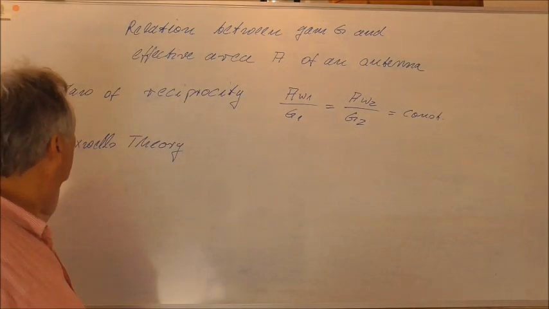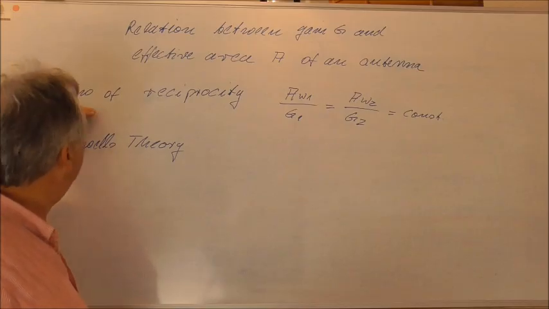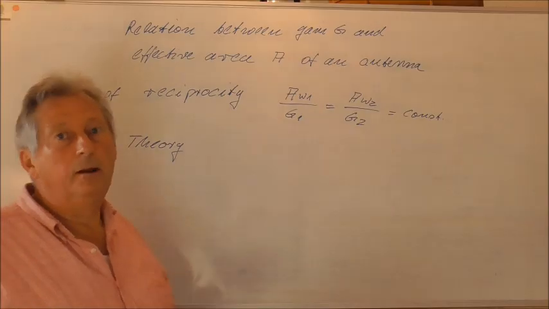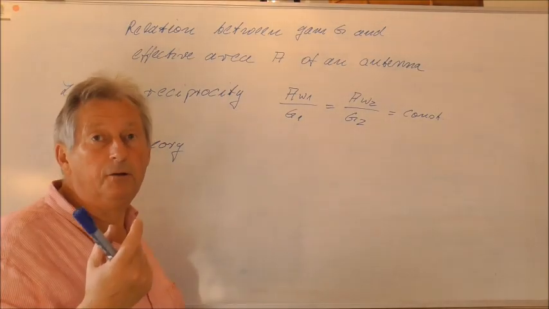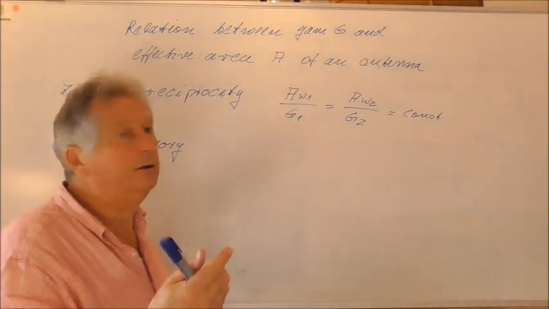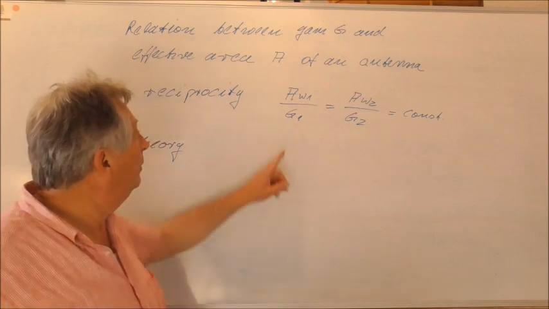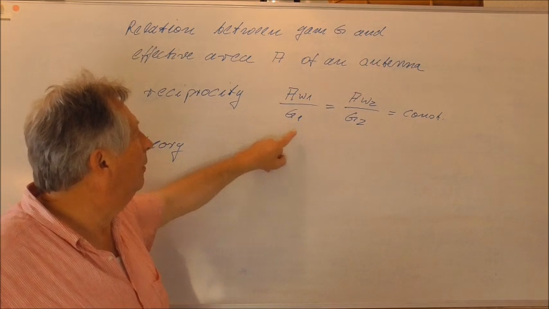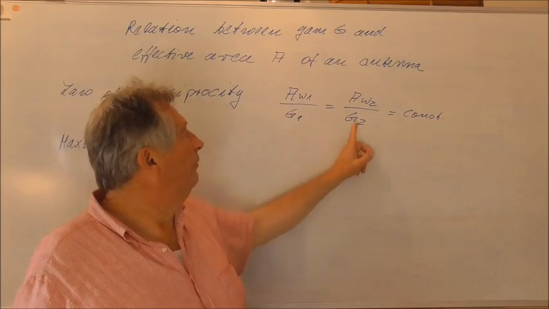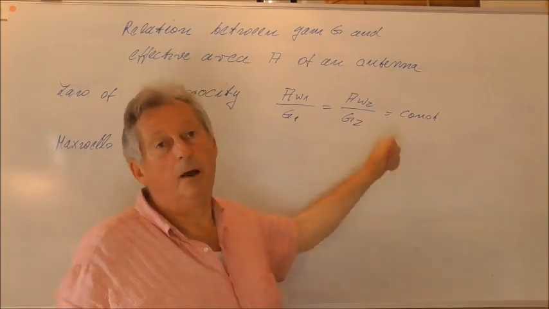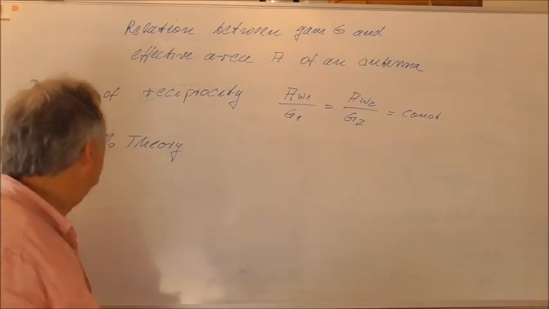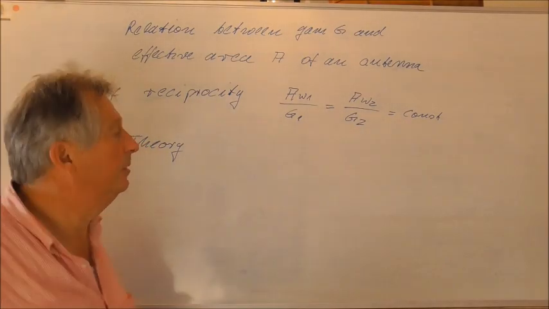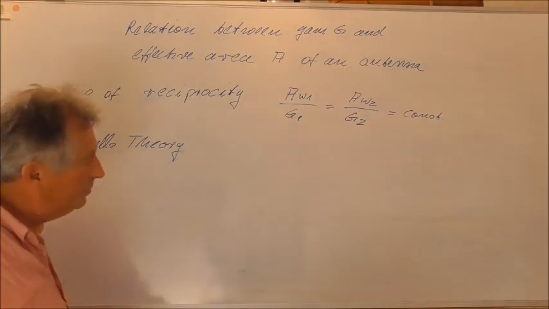On one side, according to the law of reciprocity, if I take the transmitting antenna as receiving antenna and vice versa, we will see that AV1 divided by G1 must be equal to AV2 divided by G2, and this is a constant. Now I must have a look at the Maxwell theory, but I can only give the result.